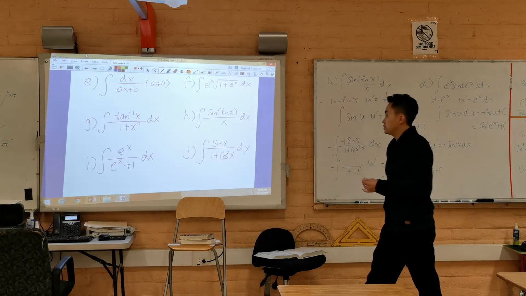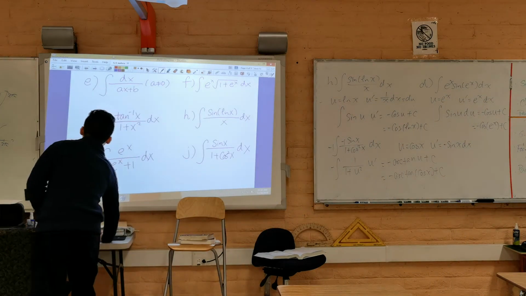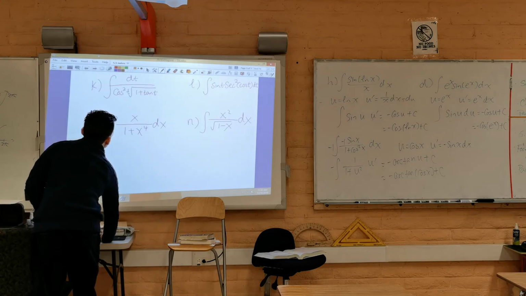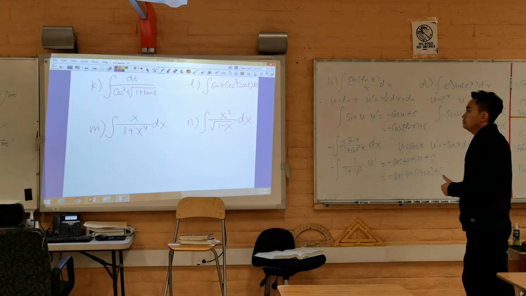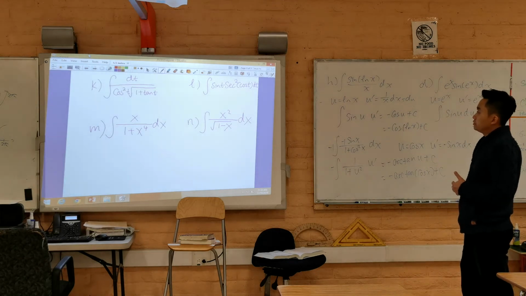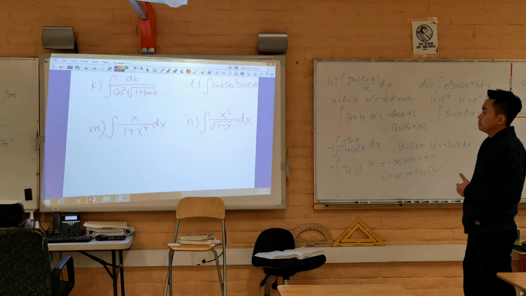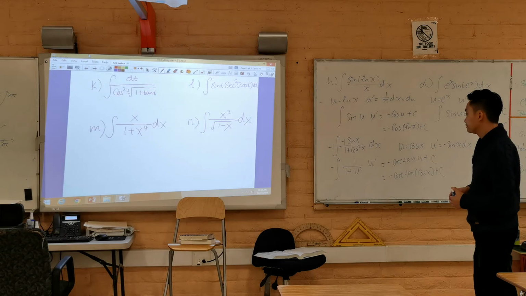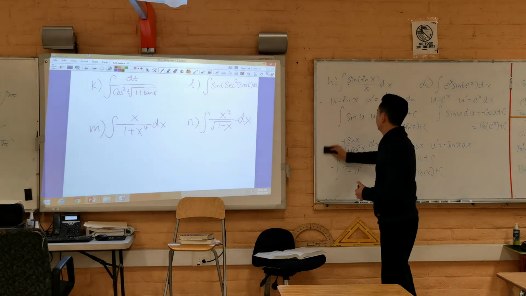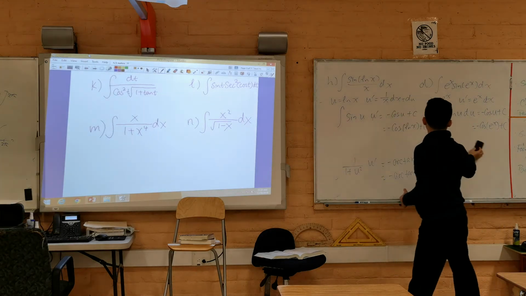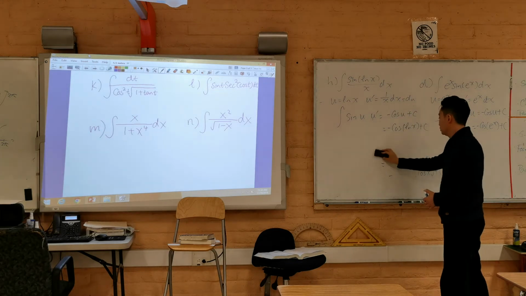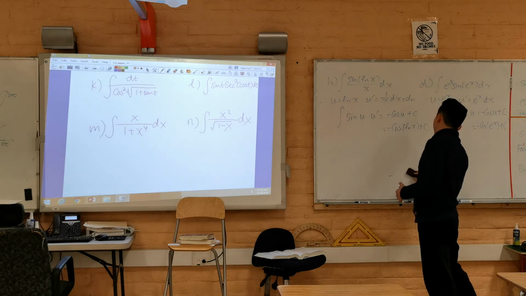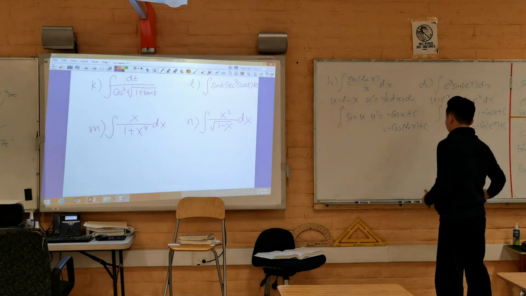Okay, so now let's look at something else. This one is getting even more difficult. The one I would like to show you next is n. So n is x squared over square root of 1 minus x dx.